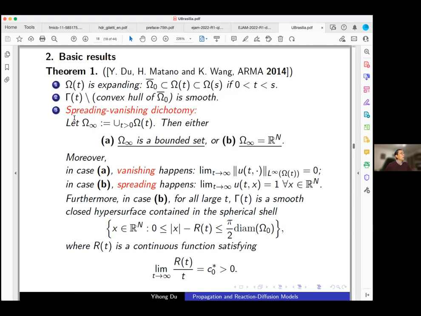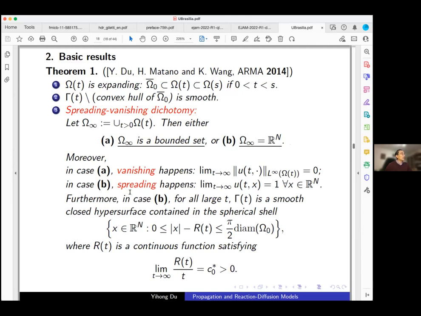Moreover, when the population range converges to a bounded set, the population density converges to 0 uniformly. That really means the population vanishes eventually. In the other case, when the population range converges to the entire Rn, the population density converges to 1, which is the carrying capacity. This is the situation where the population spreads successfully. So we say this is a spreading and vanishing dichotomy.